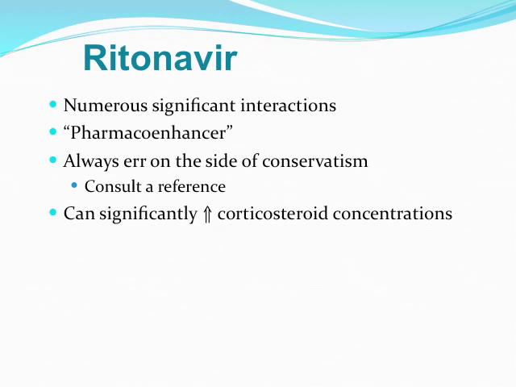We used to use, I think it was 600 BID of Ritonavir, so it had a lot of drug interactions and a lot of side effects because it was such a high dose. Always err on the side of conservatism with Ritonavir, and there's a couple of references I'll give you at the end, very good references for looking up HIV drug interactions.